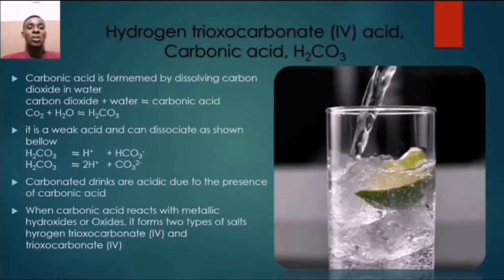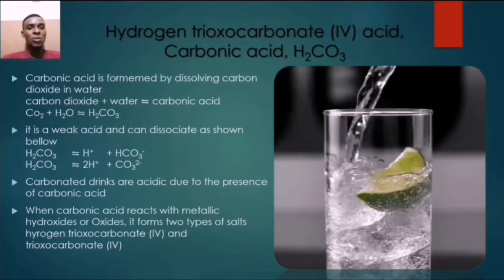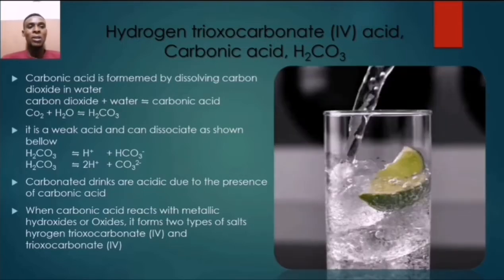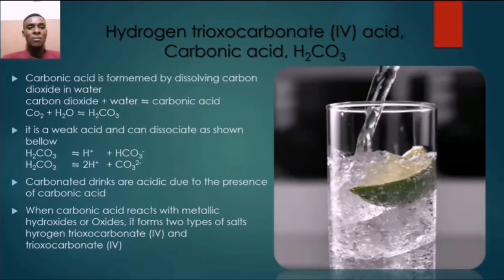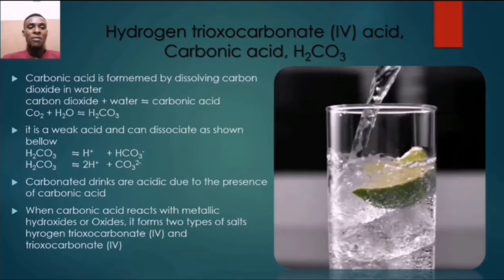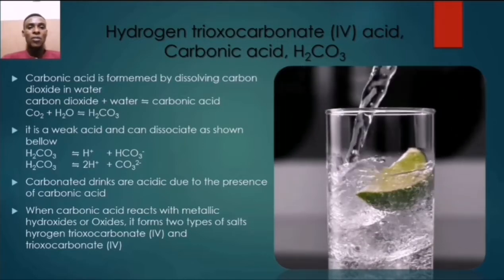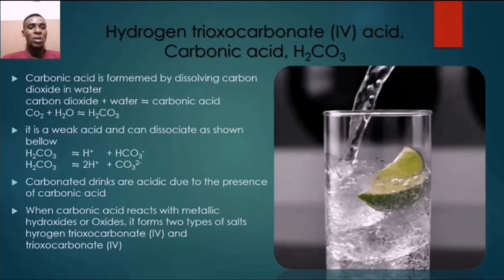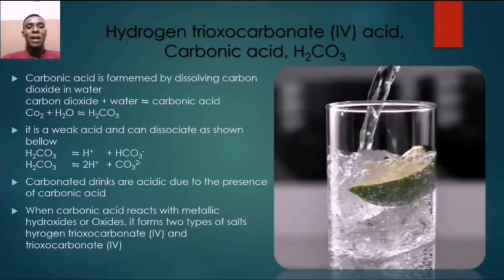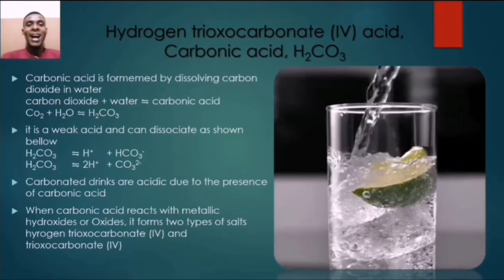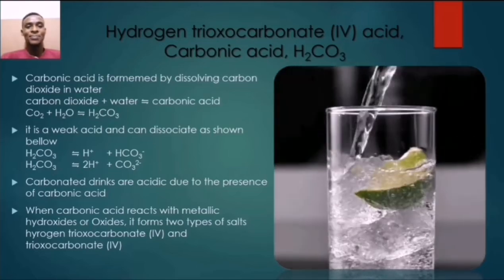These are the other two we're going to be looking at. The first one we just explained is carbonic acid. Carbonic acid is formed when you dissolve carbon dioxide in water. Now, carbon dioxide is referred to as an acid anhydride.